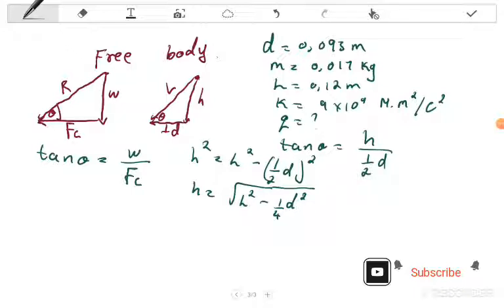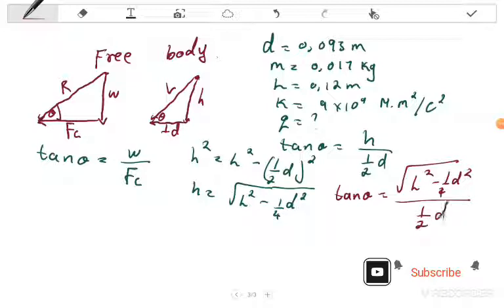That's our h. And here we got tan theta also. Now let's rewrite tan theta by substituting h: tan theta is the square root of L squared minus 1/4 D squared, all over half D. The reason for doing this is that we are not given h.